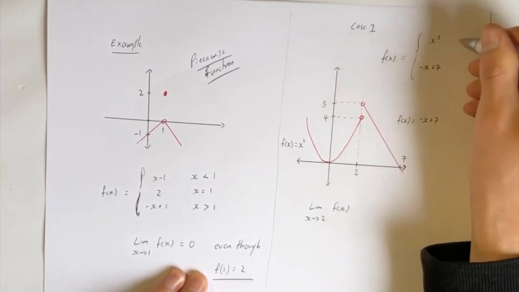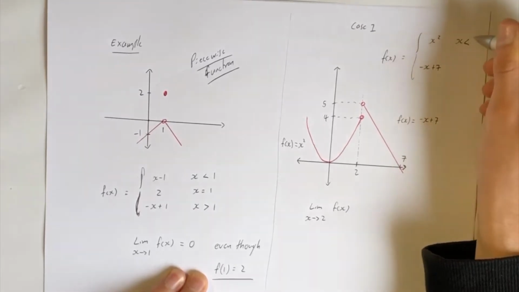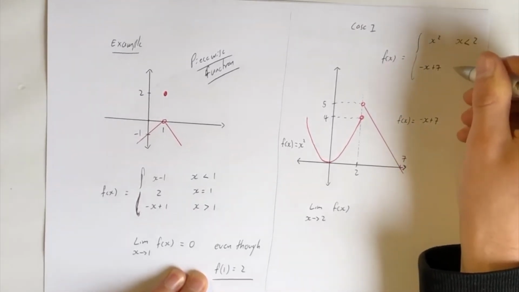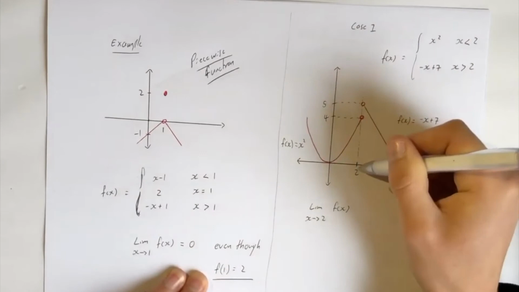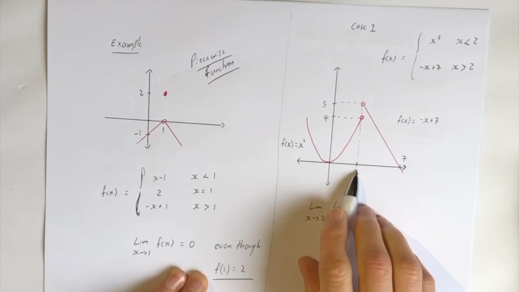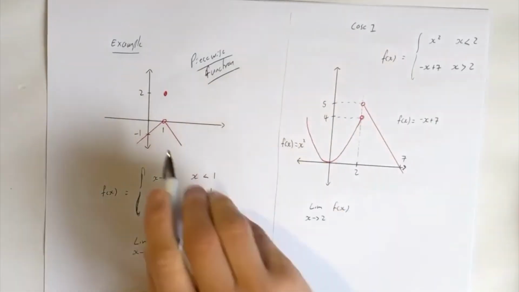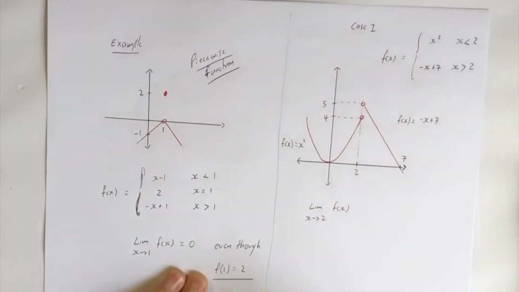It's x squared when x is strictly less than 2, and negative x plus 7 when x is greater than 2. Notice how there is no definition of this function when x is 2. If it was defined there, I'd fill in the dot.